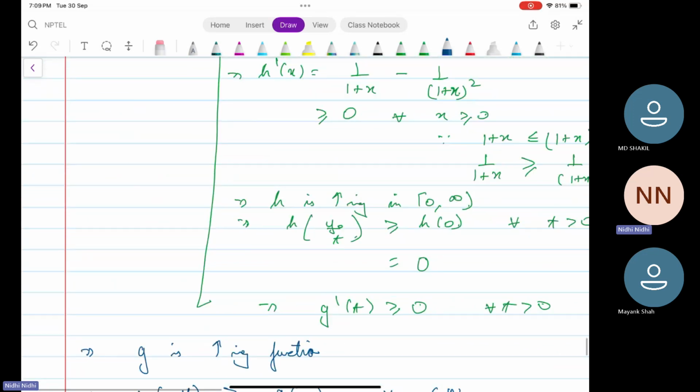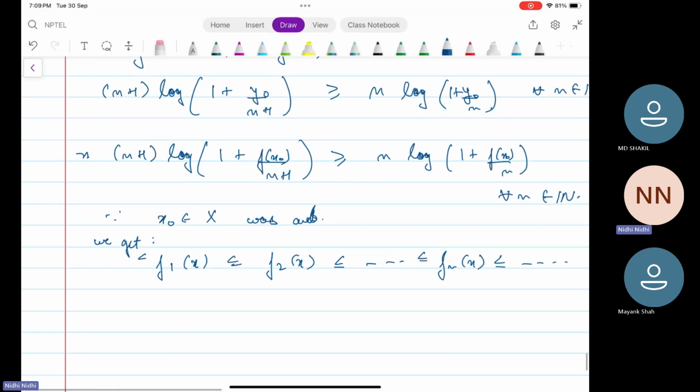Hence the sequence of functions f_n(x) converges pointwise to the function f(x), and also it is a monotonic sequence.